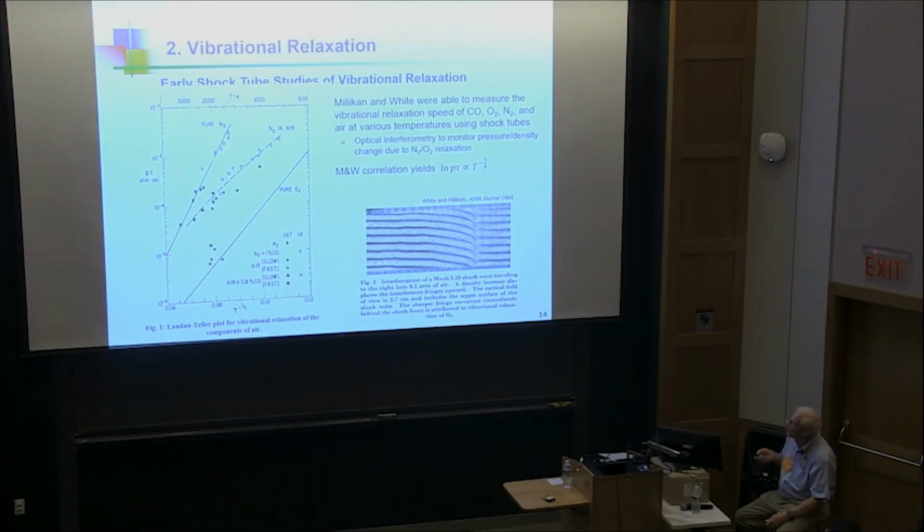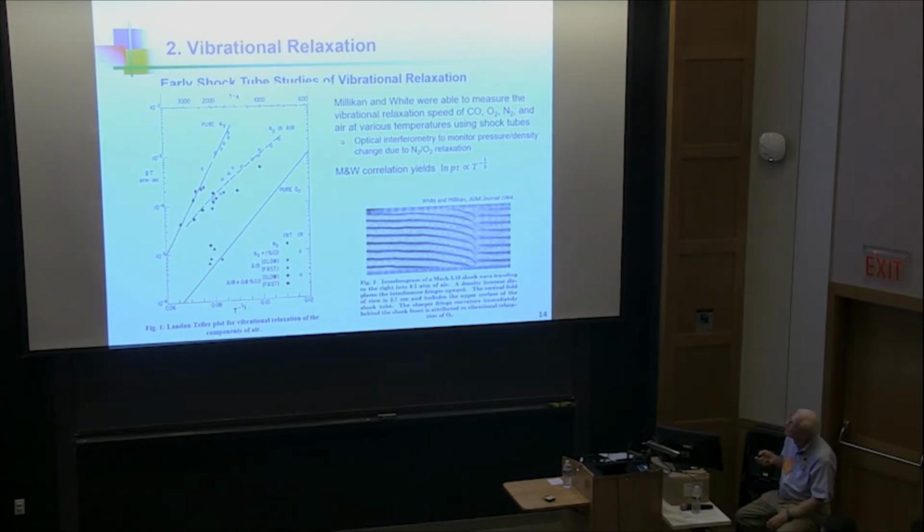This is called a Landau-Teller diagram. There's Teller again. Landau is a Russian physicist, and he's one of the ones who gets credit for showing that P tau should scale with T to the minus 1/3. It's not intuitively obvious. That's what the simple model gives.